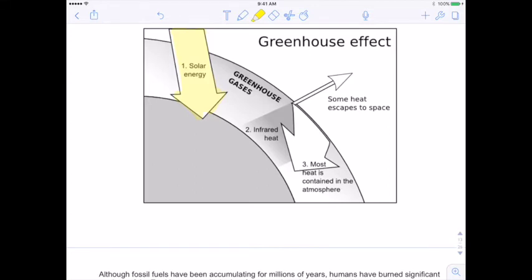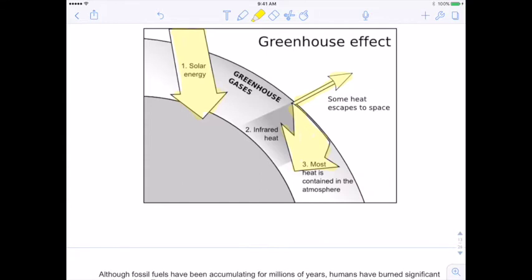Now, some of the energy from the sun goes back into outer space, and it's not used by anything on Earth. But we need to use this energy on Earth. It needs to be absorbed. And one way we can keep it is if we reflect it. And the greenhouse gases do a really good job of reflecting most of the heat from the sun and keeping our planet warm enough to sustain life.